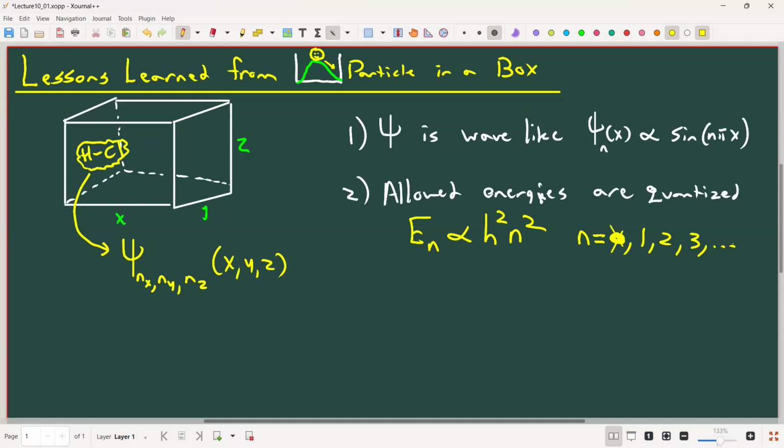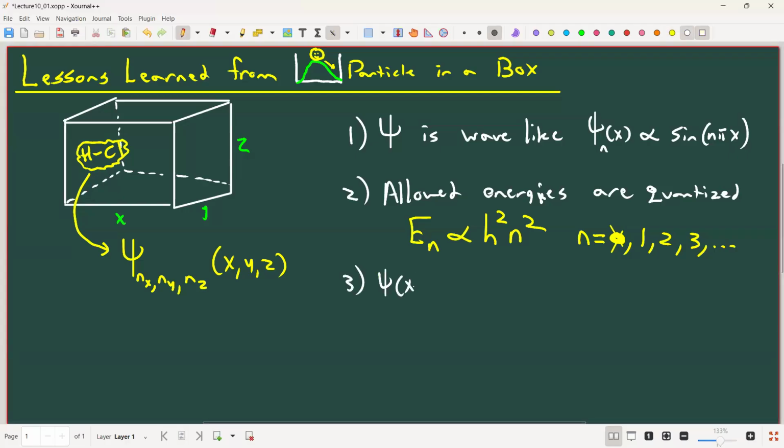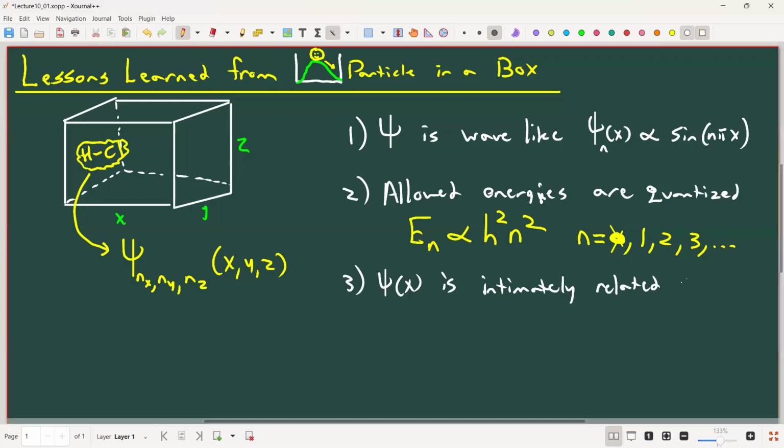A slightly more subtle thing is that the wave function is intimately related to the boundary of the space that it exists in.